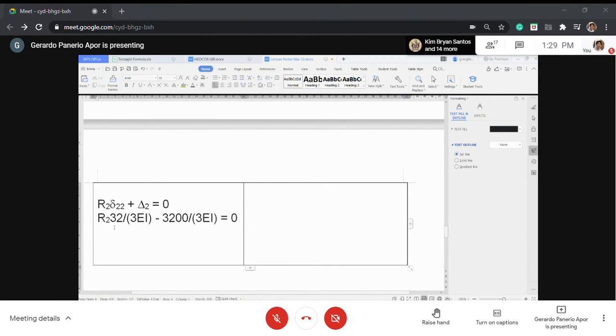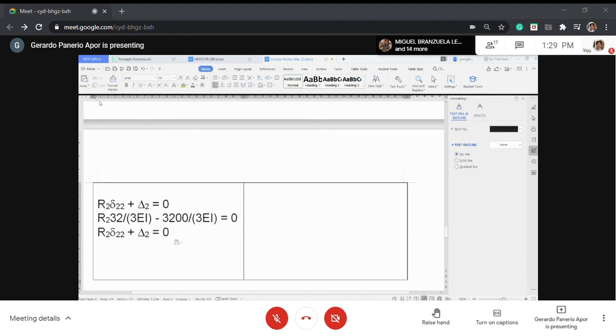So we have R2 equal to, okay, if we transpose this to the other side, it will become 3,200. So the R2 is 3,200 divided by 32. So 100.